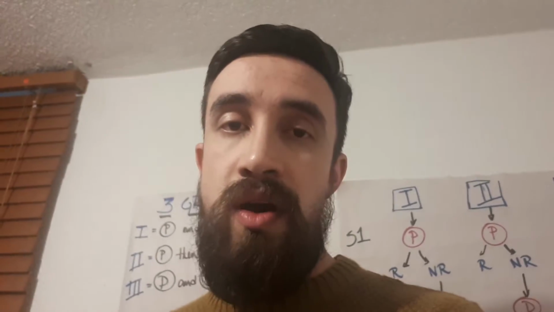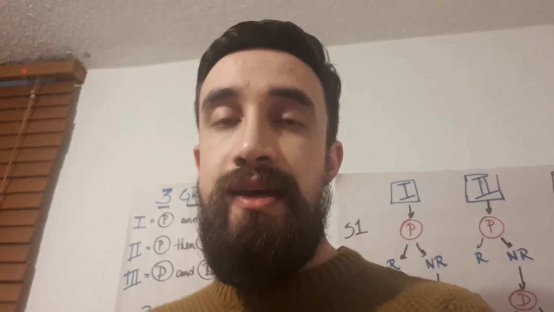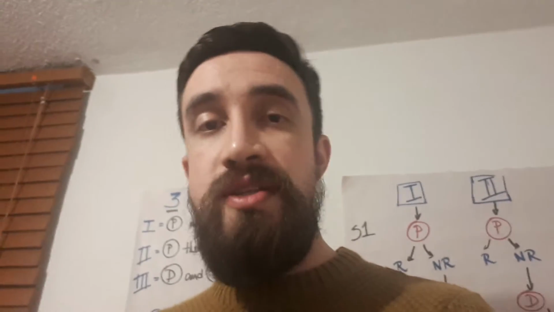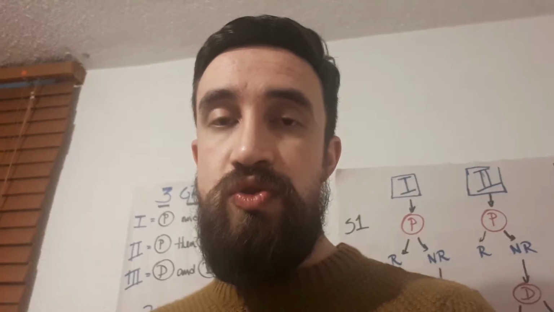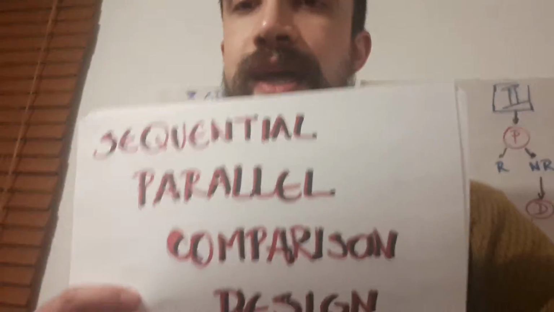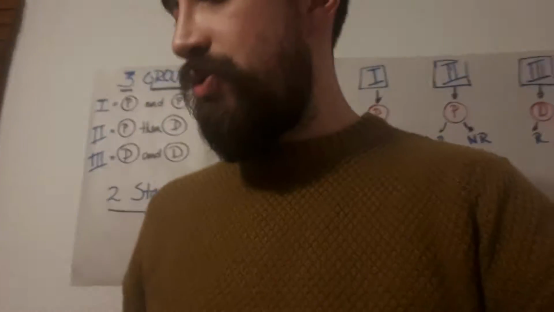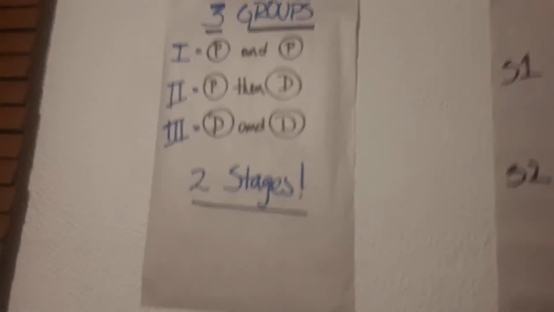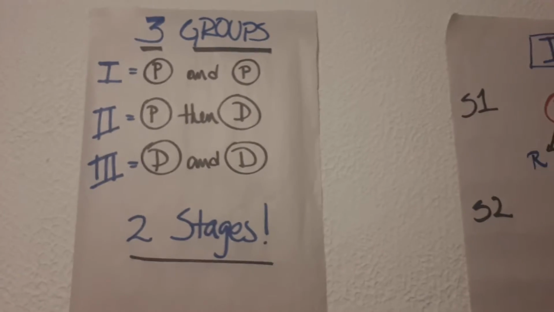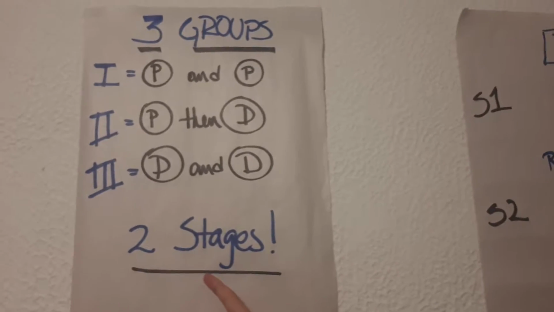He and other authors propose that we can make another study design that I want to show you, that is called the sequential parallel comparison design, and I want to show you a little bit of it. The main idea of this kind of study is that we have 2 stages of the study with 3 groups.